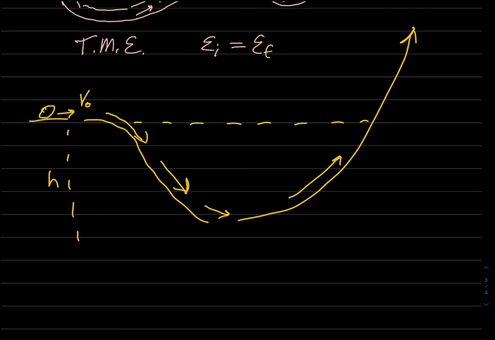But this time, I think it's going to get higher than h when it stops, because it started with a gravitational potential energy of mgh, and it also had some kinetic energy of 1/2 m v sub naught squared. So its total mechanical energy was more than just its gravitational potential energy. But if it climbs until it stops, until there's no more kinetic energy, then all of its mechanical energy will be in gravitational potential energy, and it'll be higher than h. Well, let's see how it works.